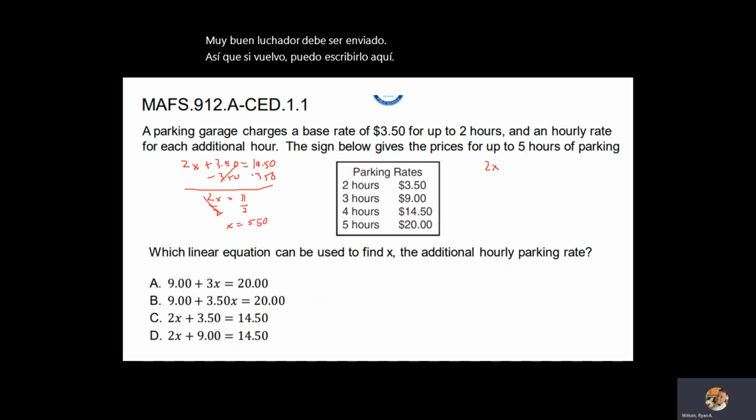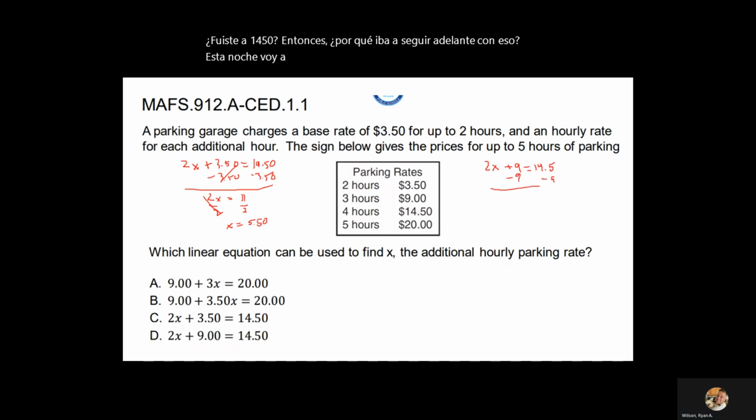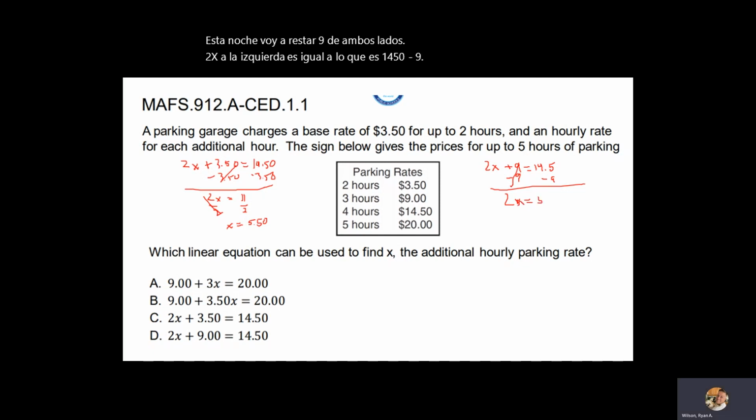And let's do this last one on the right side. 2x plus 9 is equal to 1450. So what would I move on that equation? The 9, so I'm going to subtract 9 from both sides. 2x on the left is equal to, what's 1450 minus 9? 550.